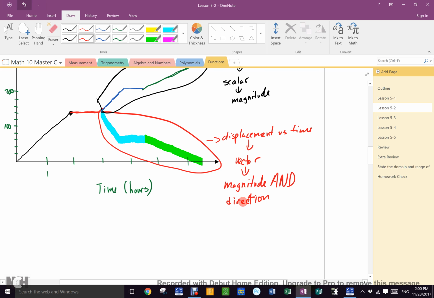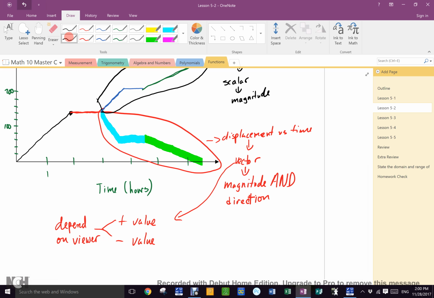How many directions are there in math? 2, positive and negative. So vectors have a positive value or a negative value, and they depend on the viewer. And let me give you some examples. I will be using visual aids now.